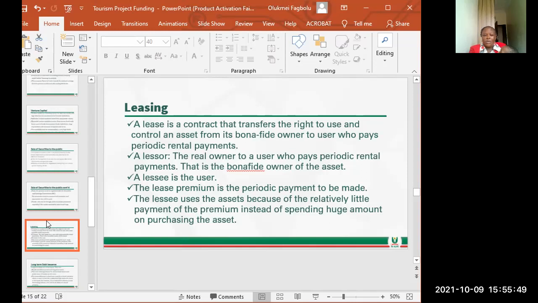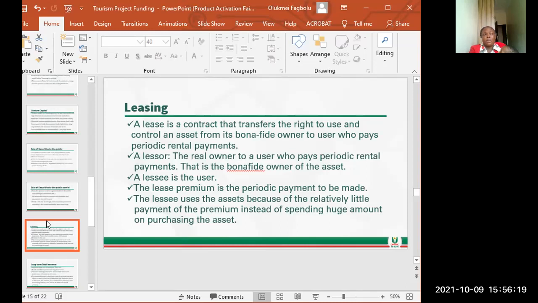When you talk of leasing, a lease is a contract that transfers the right to use and control an asset from its bona fide owner to a user who pays periodic rental payments. So instead of buying a house of 10 million naira, you can lease a particular building that you think will suit the business and whose location is very good for the projected business. Then you can go for that.